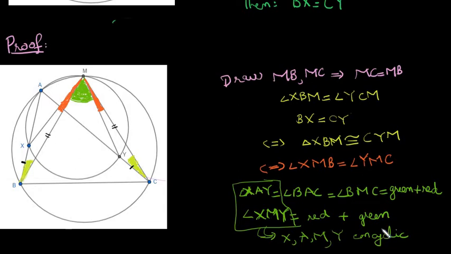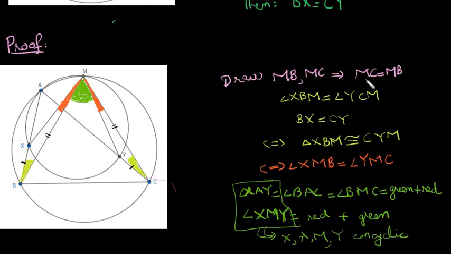And then notice that XBM, these yellow angles, they're both equal. Why? Because XBM is essentially ABM, and the other angle, YCM, is just ACM. So we know that ABM is equal to ACM, and so that's why these two angles are equal, because they're made by the same chord AM.